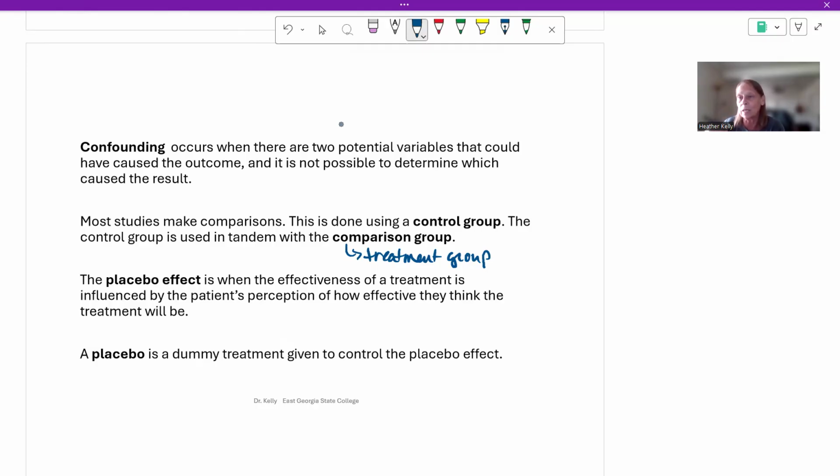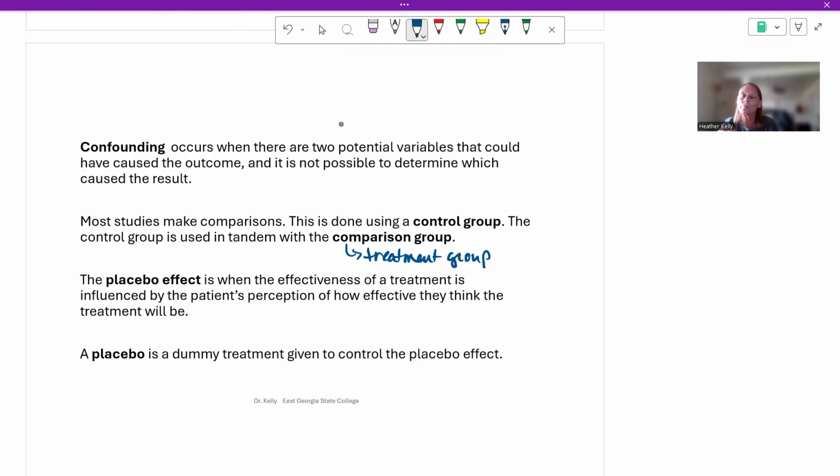So in the case of, say, a study where they're giving a new kind of cancer treatment, and they've got a group of 100 patients, and half of the patients are going to get this little pill, and the other half are not going to get this little pill. A lot of times it's important for everyone to think that they're getting the little pill or some kind of treatment.